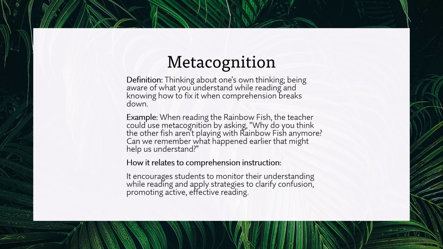And then the students can think to themselves and remember what happened earlier on in the story to help them understand why the fish don't want to play with rainbow fish anymore. So this can encourage the students to self-monitor themselves while they're reading and promote effective reading strategies.